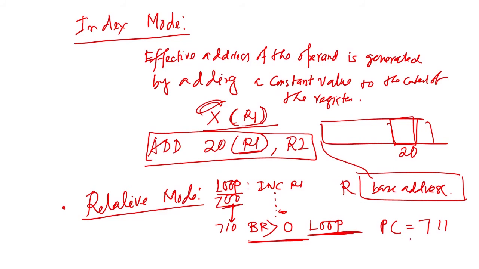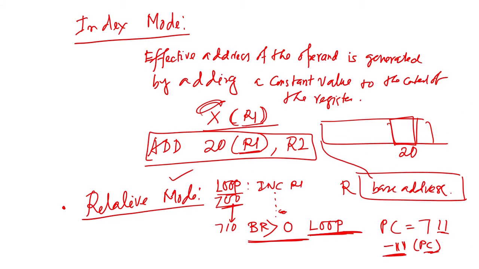So, what will it do? It will subtract 11 from whatever the value of the program counter. So, the program counter is holding 711 and then the relative value will be minus 11. So, you just add the PC value with minus 11. So, you will get 700. So, this is something called a relative mode.